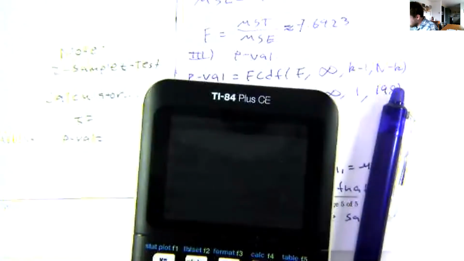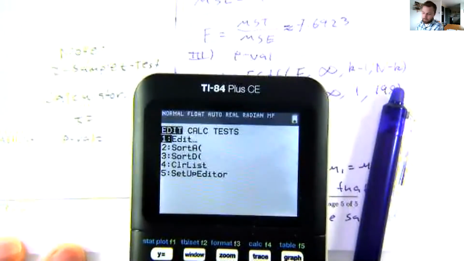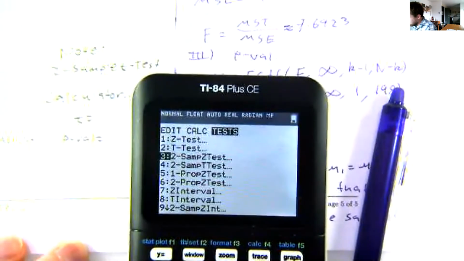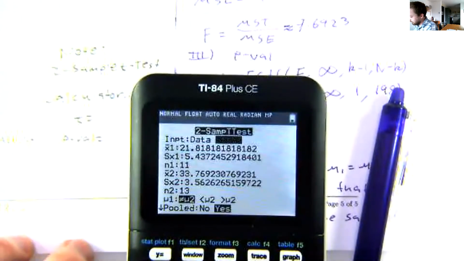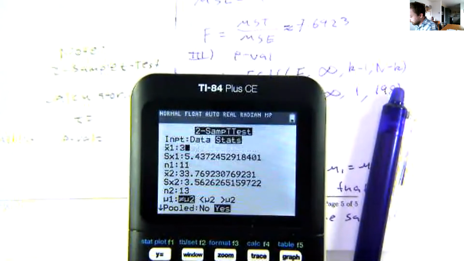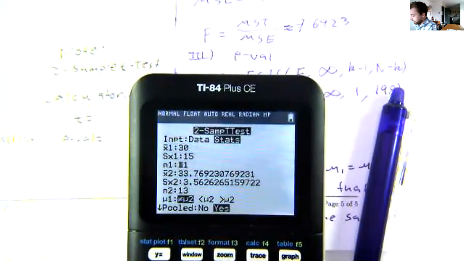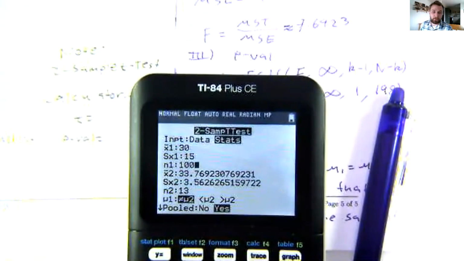So in my calculator, I'm going stat, test, two-sample t-test, and I'm doing this from the statistics that I've been given for this problem. Average of 30, standard deviation of 15, 100 samples for that first group.